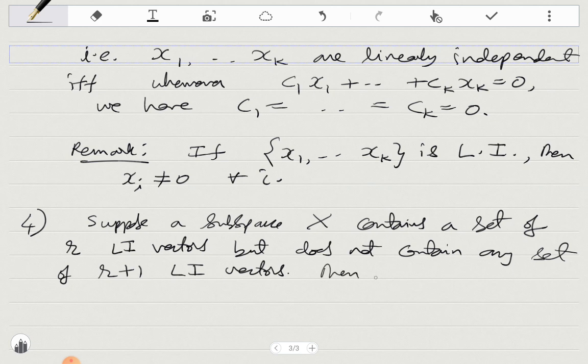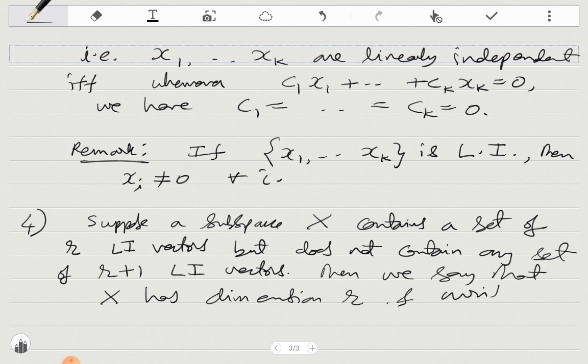Then we say that X has dimension r and write dimension X equal to r.